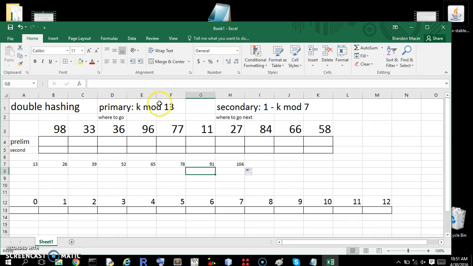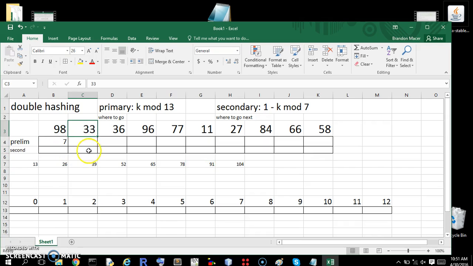So then to find the modulus of any of these numbers, what we do is just find the multiple that is closest to but less than, and then subtract that value from this value. For example, 98 mod 13. Come to the 13 multiple table. 91 is the value that's closest to it, but less than 98. So 98 minus 91 is 7.